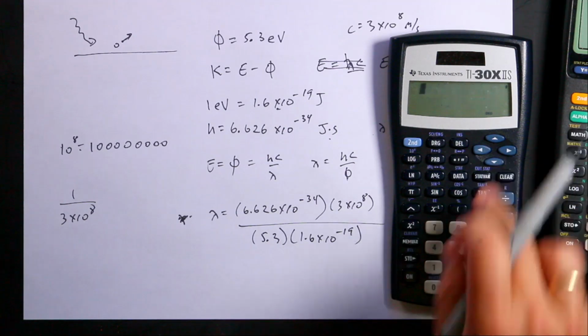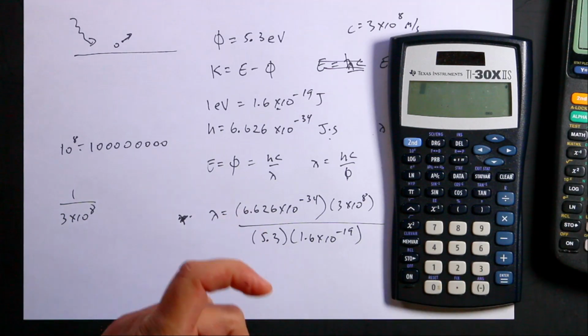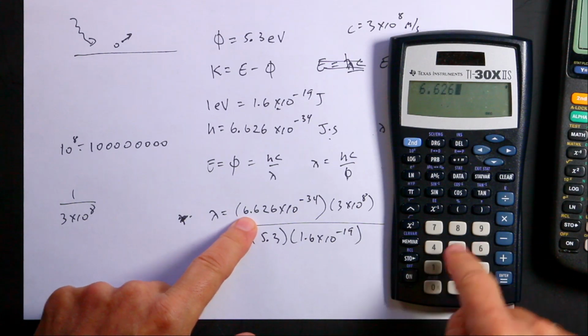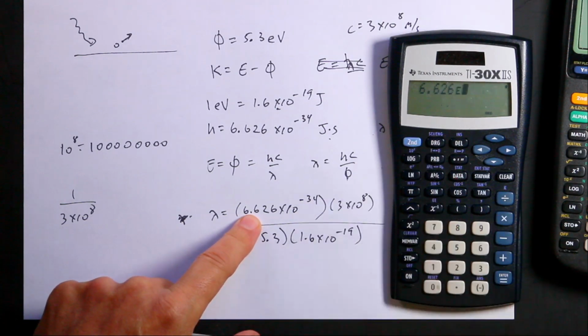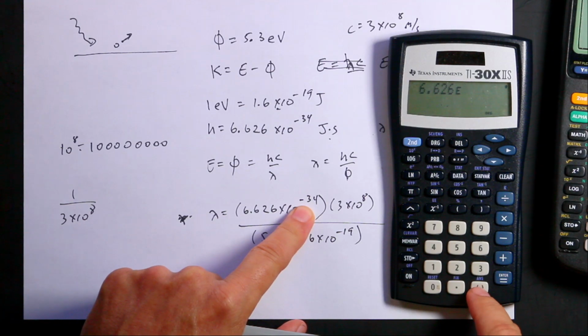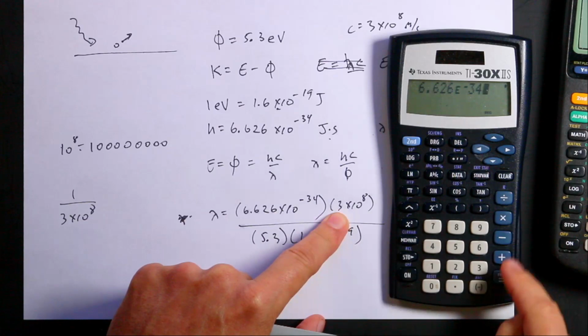Okay, so let's do this with scientific notation. I'm going to enter this number in first: 6.626 scientific notation. Now I have negative 34, so don't use the minus sign, that's the minus operation. I want to use the negative sign, which is right here, negative 34. I don't need parentheses because that's all just one number.